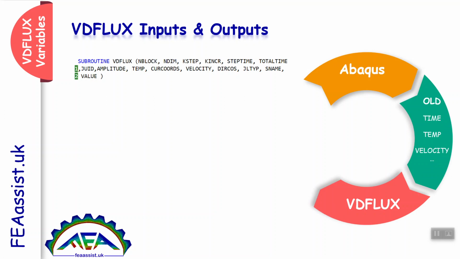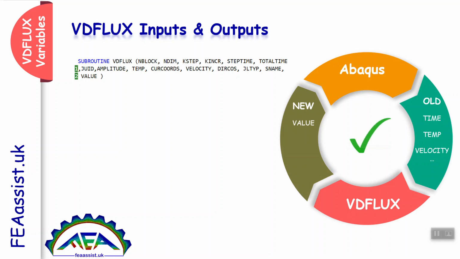In VDflux, we need to get these variables and recompute the value, which is the flux. So the flux value is transferred to Abaqus, and Abaqus will use this value to recompute the time, temperature, velocity and other variables.